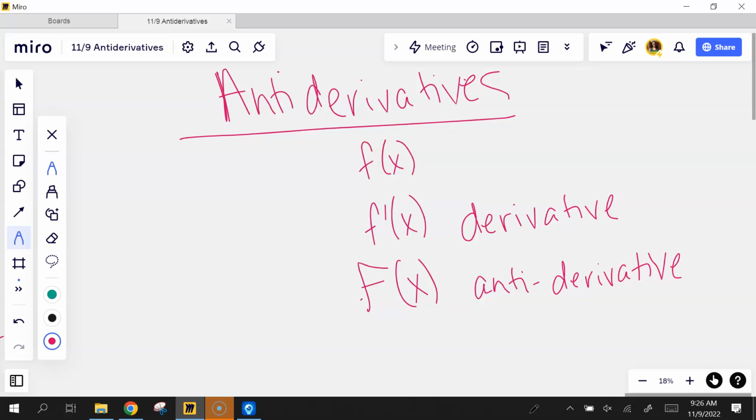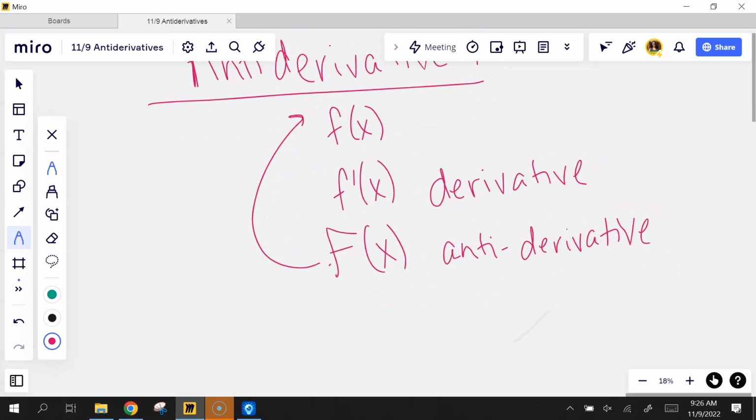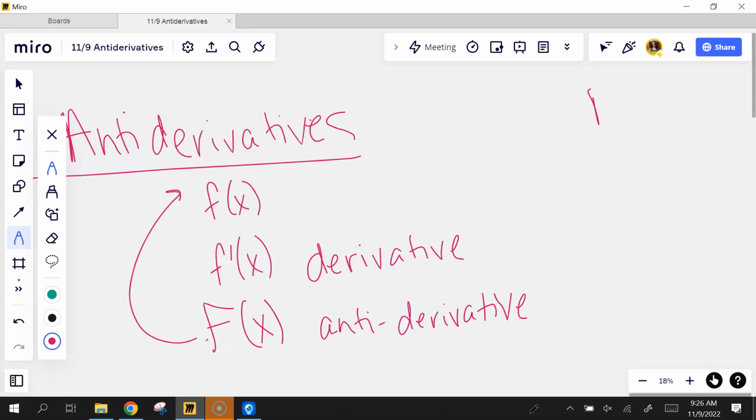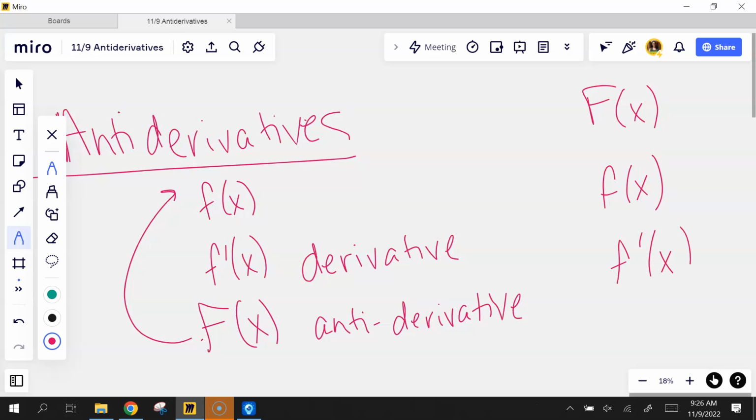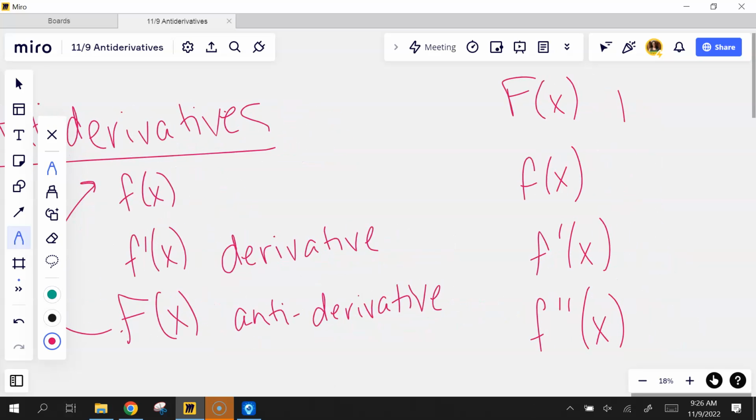So if you take the derivative of the antiderivative, you end up back at the function, right? So in sequential order, it would be antiderivative. Take the derivative, you get to the function. Take the derivative, you have the first derivative. If I keep taking derivatives, this is the order that I'm going in.